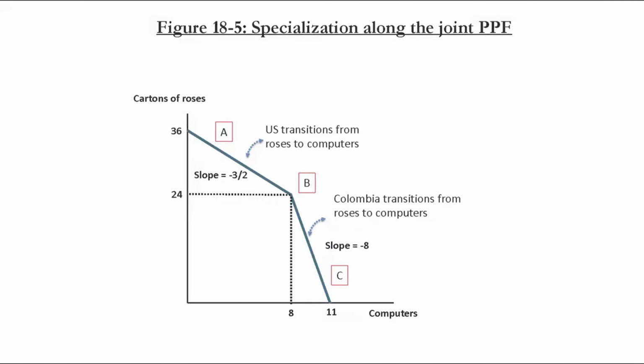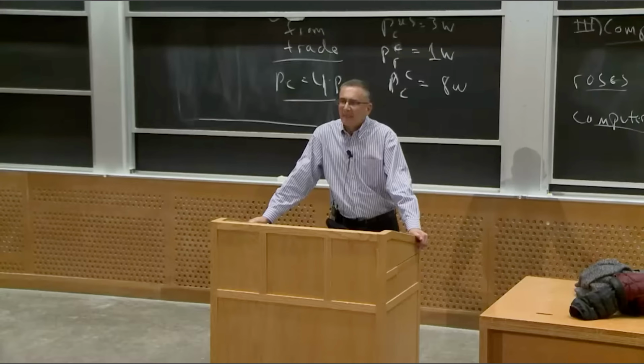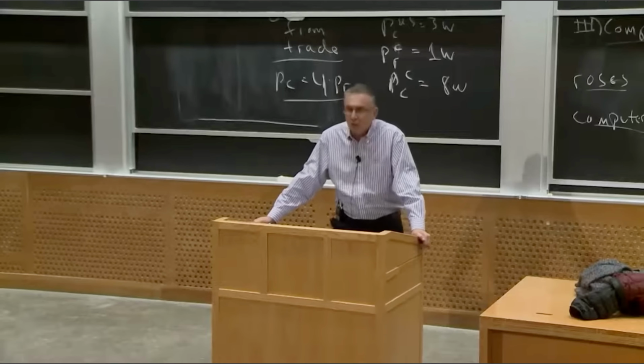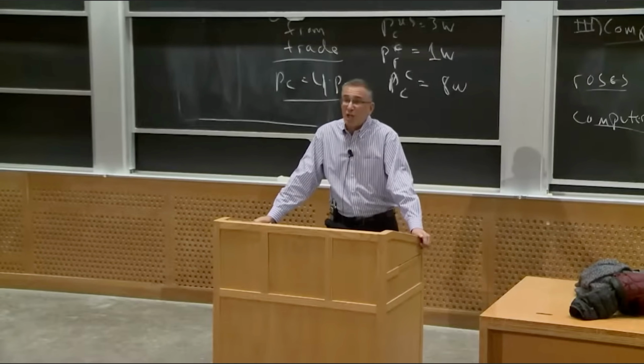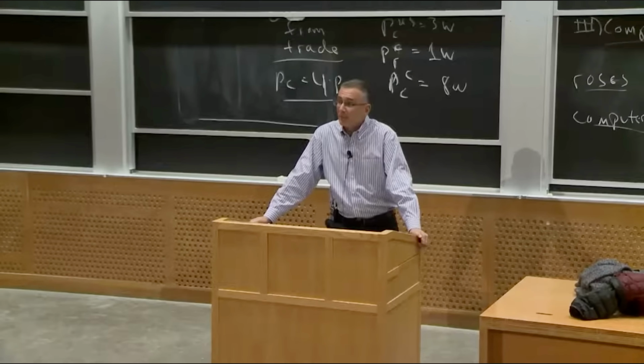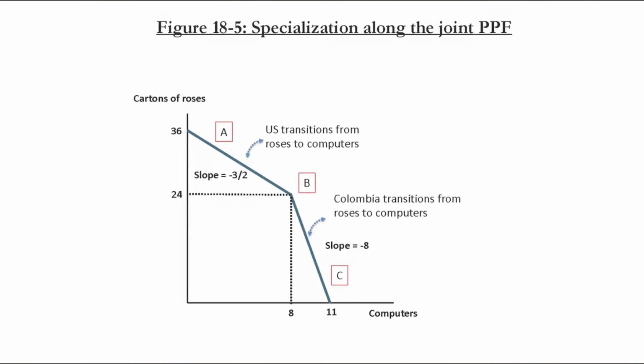But let's say that at point B, there's an overall increase in world demand for computers. Folks want more computers than point B, which yields 8 computers a day. And let's say the world in general wants more than that. In that case, you would move down from point B along that slope segment towards C.